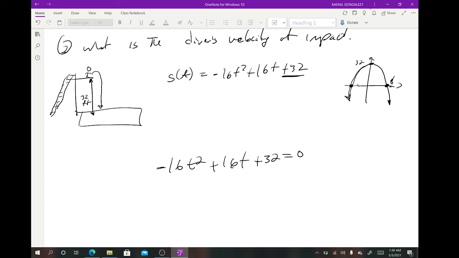And we're going to get two values because it's a parabola. Notice that everything here is a factor of 16. So we could pull out a 16. In fact, I could pull out a negative 16 and keep everything inside positive. So it's going to be t squared minus t minus 2.